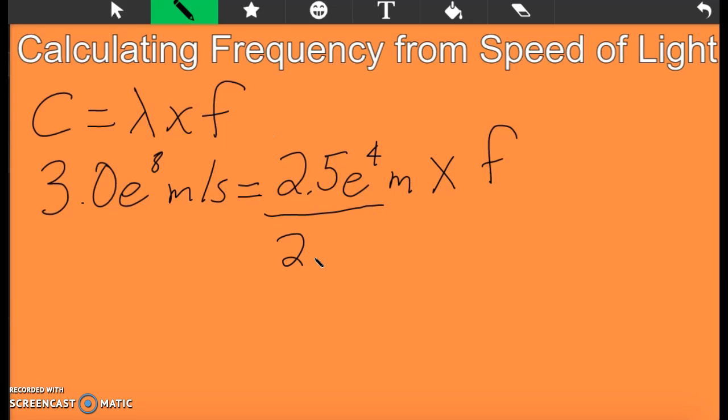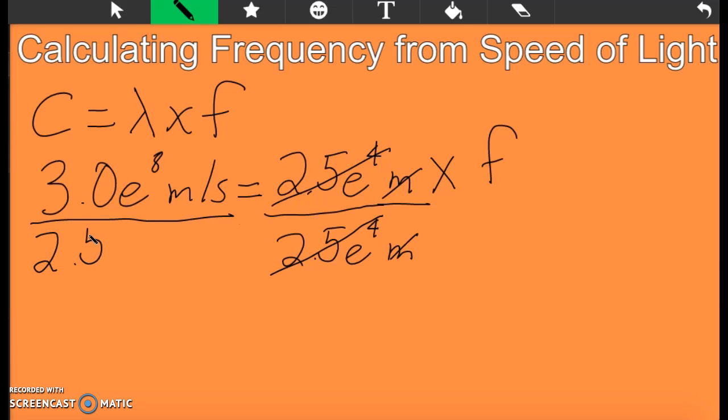Divide by 2.5 e to the 4th meters. 2.5 e to the 4th cancels 2.5 e to the 4th. Meters cancel meters. Now we do the same thing on this side. 3.0 e to the 8th meters. Meters and meters cancel. Oh, whoops, not e to the 8th. That should be e to the 4th. That was my mistake.